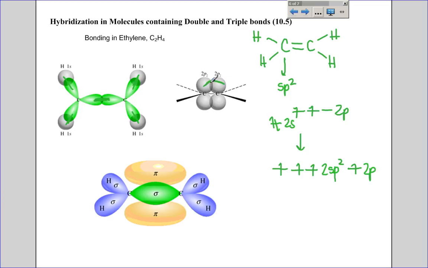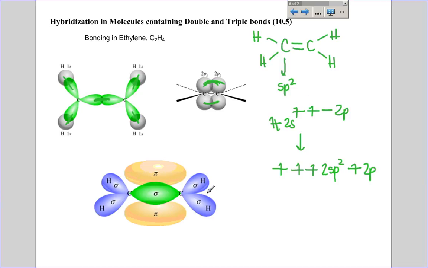So just like we discussed earlier on in the lesson, we're going to end up with a pi overlap, where we've got sort of a hamburger bun looking thing where the electrons can be found above or below the plane. So this is the aftermath. We've got the sigma overlaps, and then we've got this pi overlap.